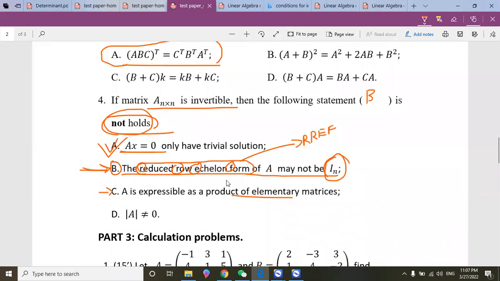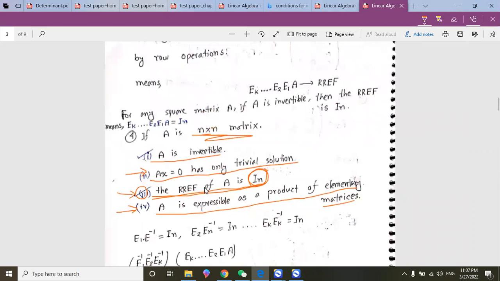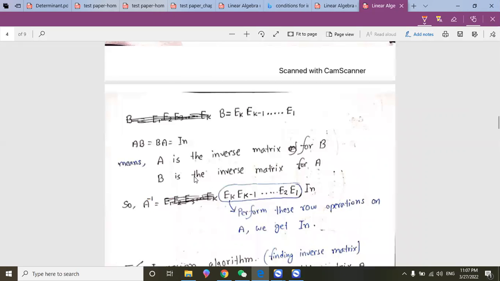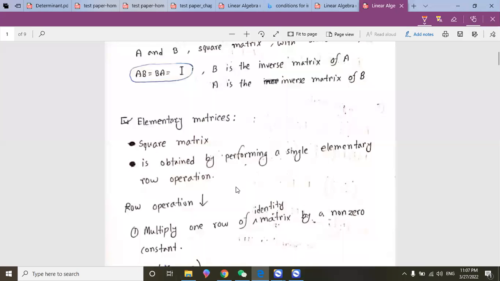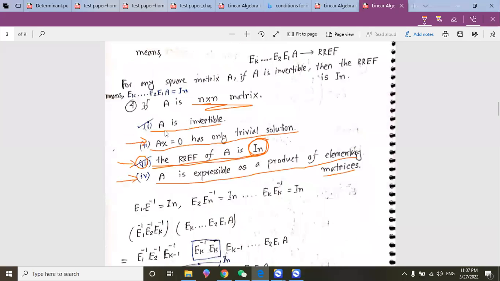So we can see that only the second condition is not true, right? And the fourth condition is that the determinant of A will not equal 0. So you will see here, the determinant of A will be not equal to 0. Where is that condition? A is invertible, okay.